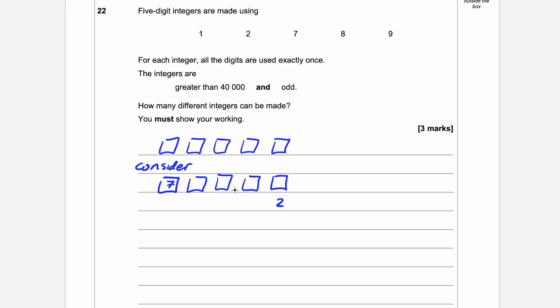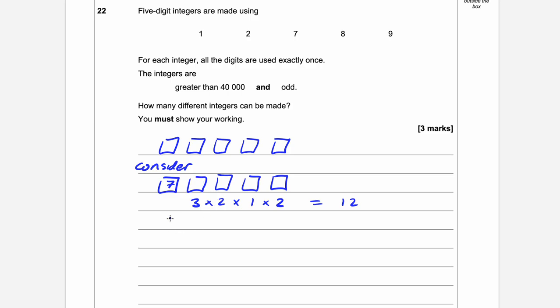Just to be clear, guys, this is how many digits can go there. So I can put 2 digits in here, either the 1 or the 9. Now, if the 7 is here and the 1 or the 9 is here, there are only 3 left to go in the middle. So I can put 3 times 2 times 1 times 2, and this equals 6 times 2, which is 12.